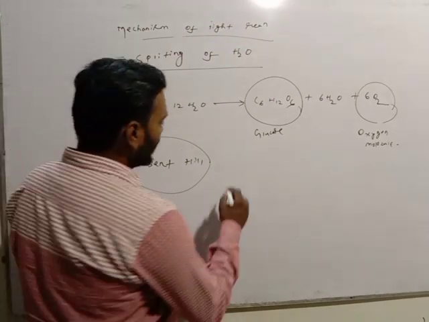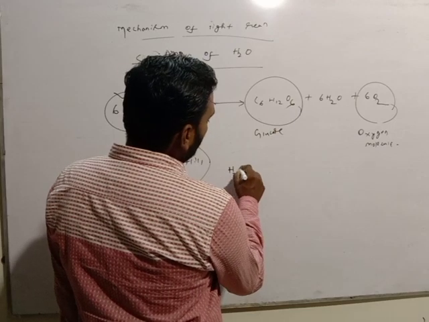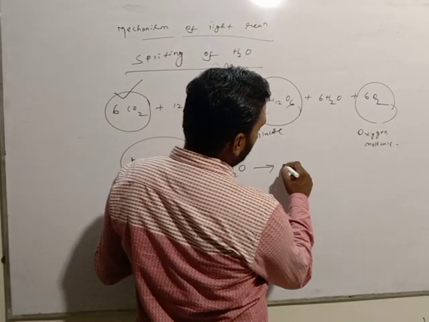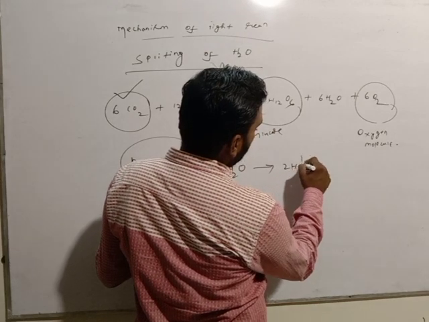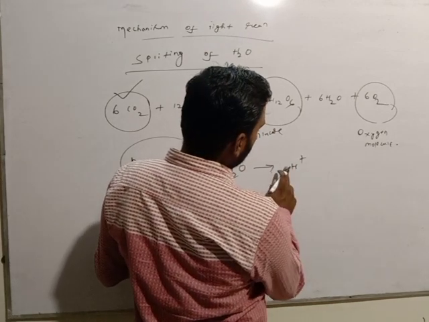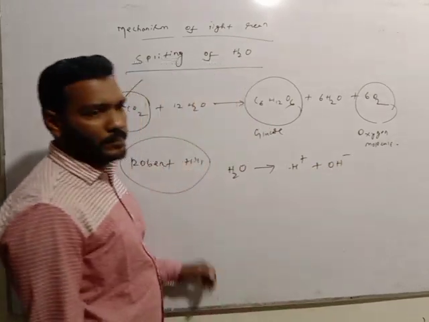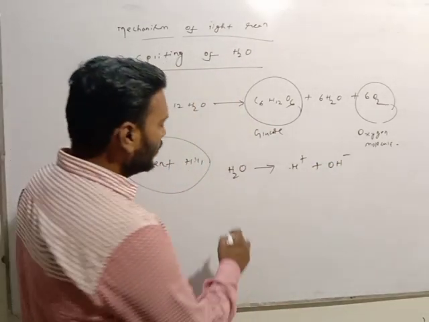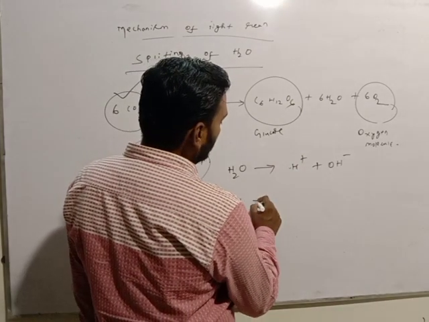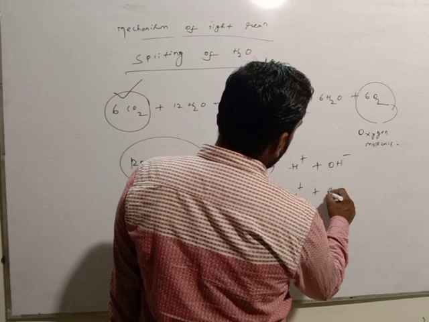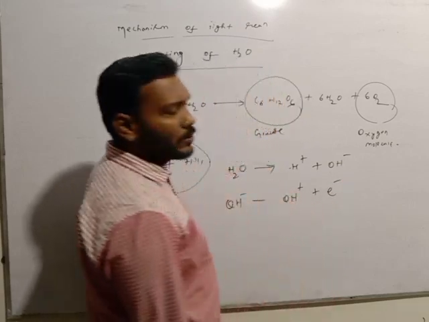Look, similarly H2O splits into H plus and OH minus. Then OH minus gives OH plus electron minus.